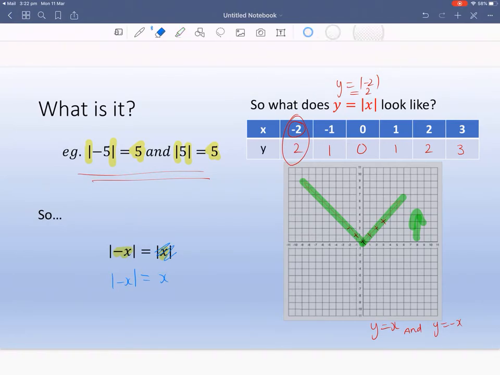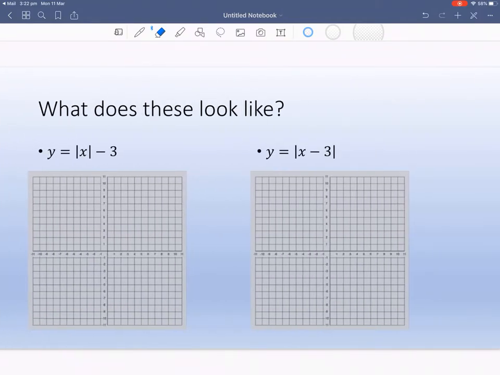Okay, let's explore this a bit further. Now we're starting to get better at graphs and things like that. So what does this graph look like? Well, if we use the same logic that we've been using, it's going to be just like y equals the absolute value of x, except we're going to go down 3.